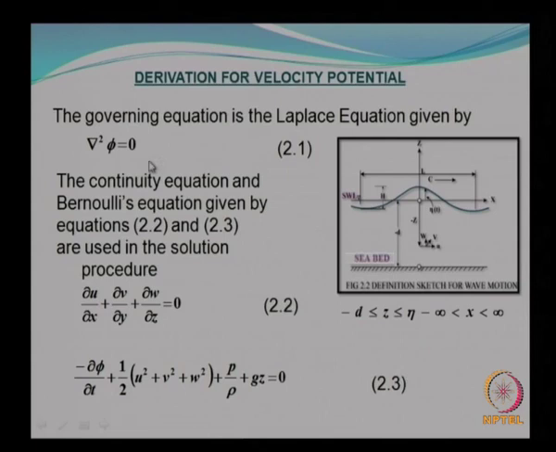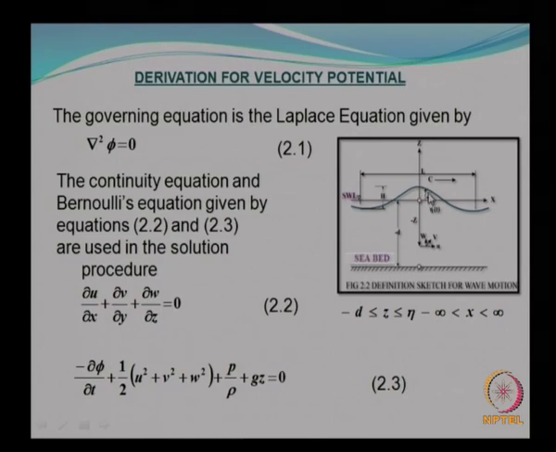And this equation, the governing equation, will be valid over the fluid medium where x ranges from minus infinity to plus infinity, and it will be varying from the seabed, which is now referred to as z equal to minus d, where d is the water depth. So, here at this location it will be z equal to minus d, and it is valid up to near the surface, that is z equal to eta.